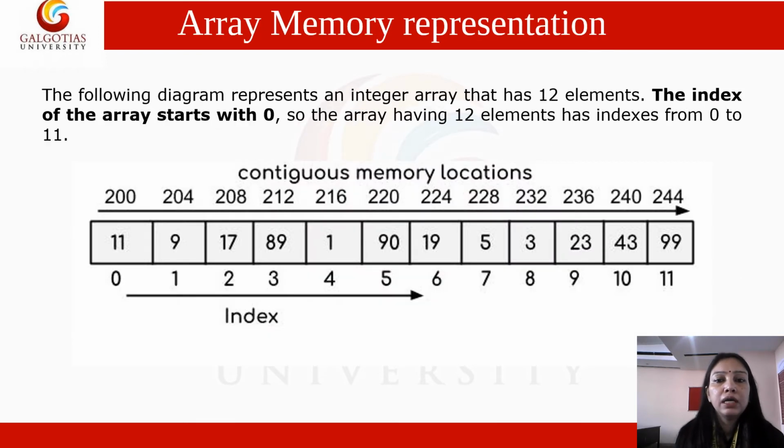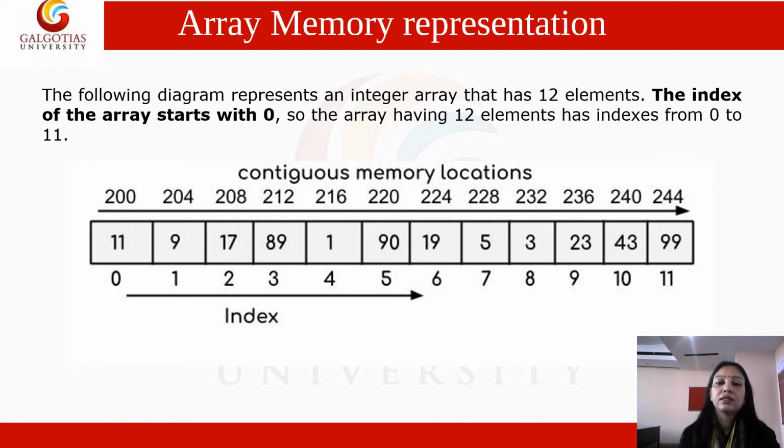Now see, this is the array memory representation. I showed the pictorial representation earlier also, and I focused on the word indices. Your very first element of the array is stored at index 0, and the last element ends at index n minus 1.